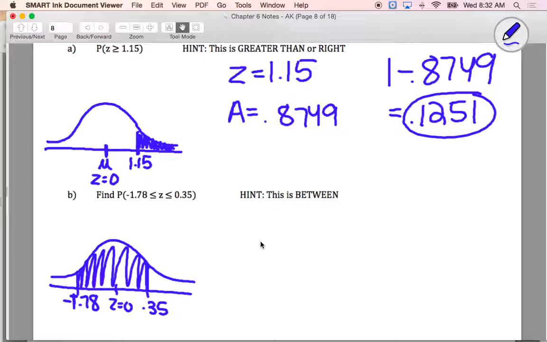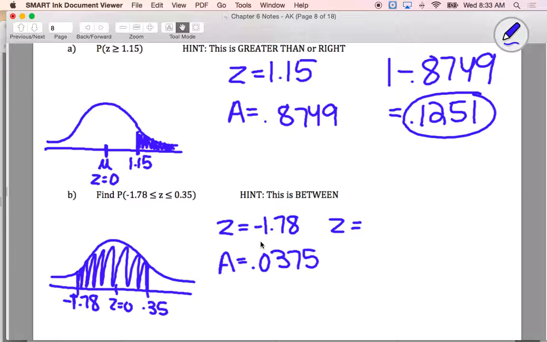So when it's between, we have to figure out what are the two areas that match up with our z value. So if I've got negative 1.78, you look for negative 1.7, and then you want 0.08. So the area that matches up with that should be 0.0375.